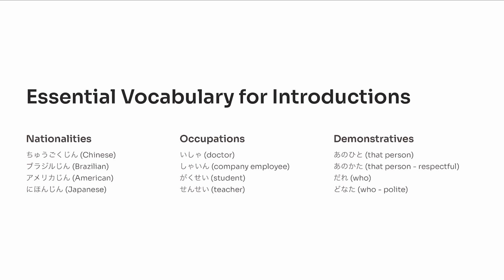For jobs, you'll hear 医者 for doctor, 社員 for company employee, 学生 for student, and 先生 for teacher. And for referring to people, use あの人 for that person, or あの方 if you want to sound more respectful. For asking who, use 誰 casually or どなた politely. Try saying them out loud a few times. It really helps them stick.